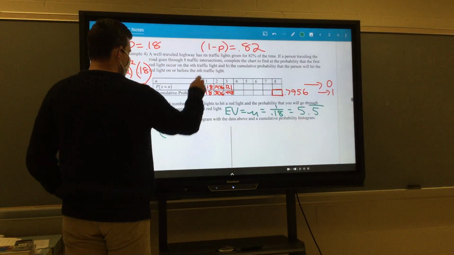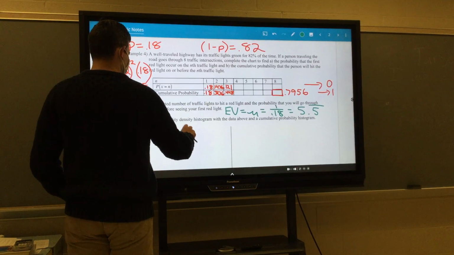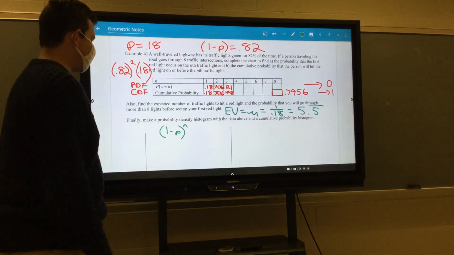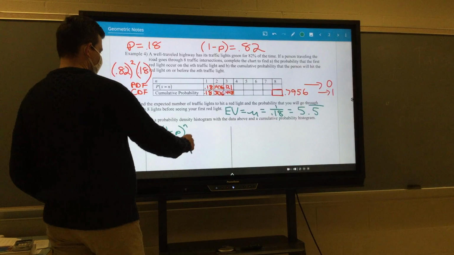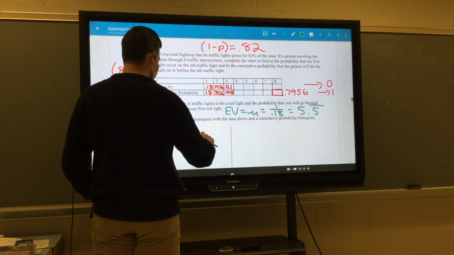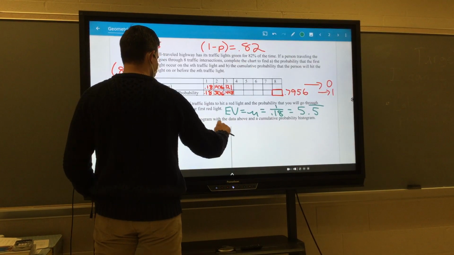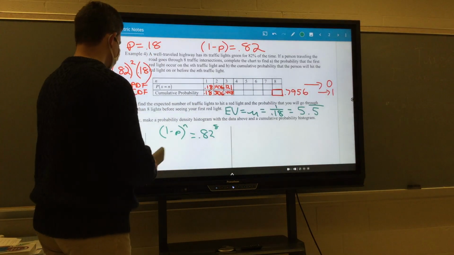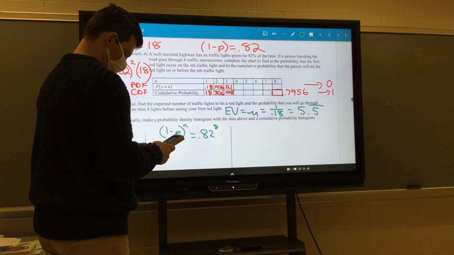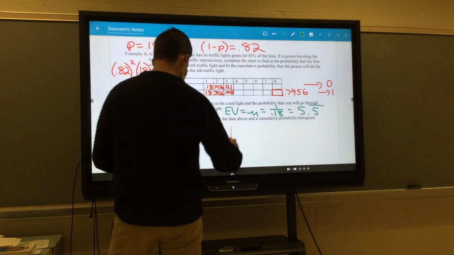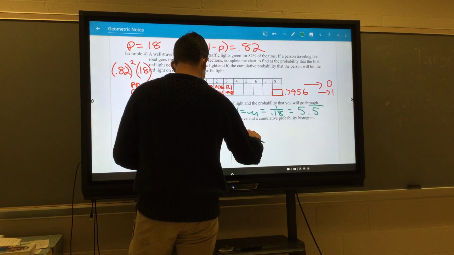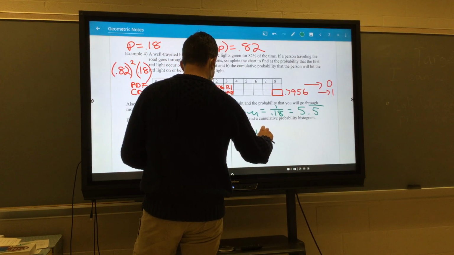We just want 8 failures in a row. So that would be the probability of a green light, 0.82 to the 8th power. 0.2044.